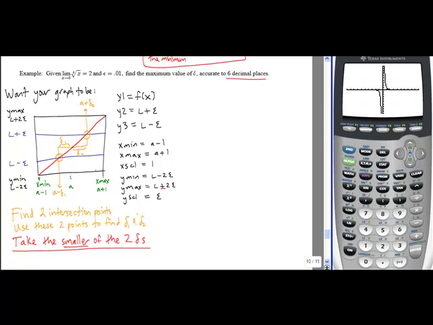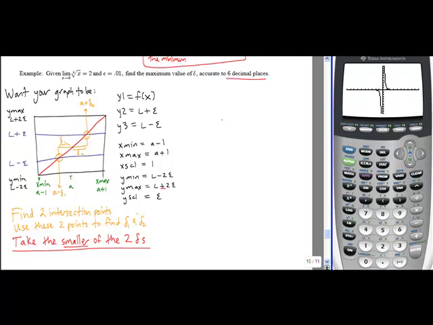So I want to center my window at that A value, and I'm going to go one less than it to the left and one bigger than it to the right. So my x min is going to be A minus 1, my x max is going to be A plus 1, and my x scale is going to be 1. By making these choices, you can make your window show up really nicely.